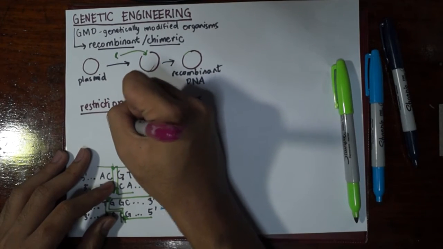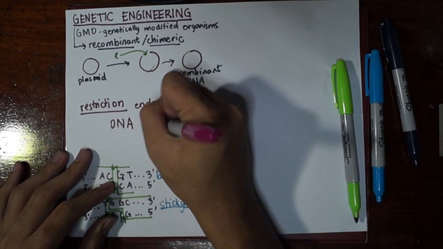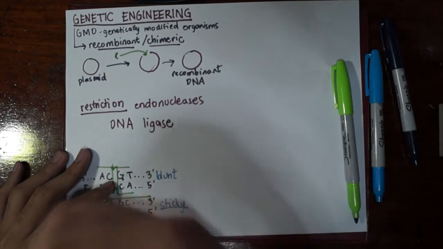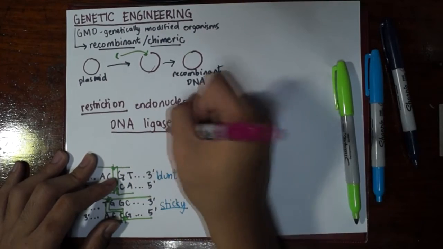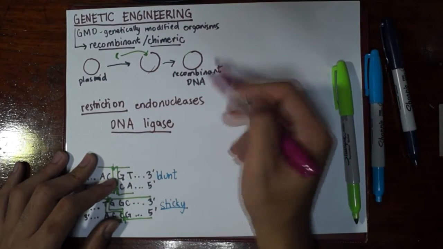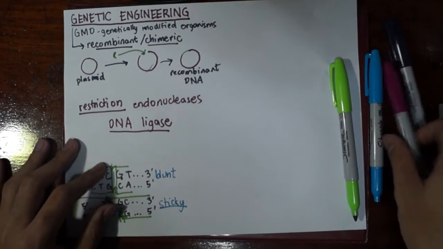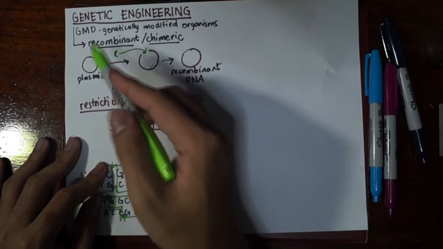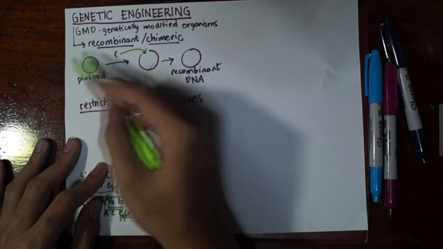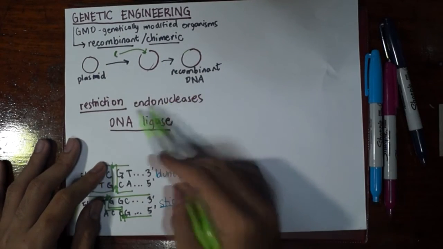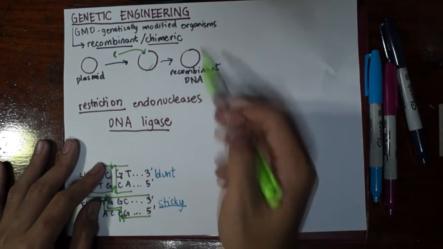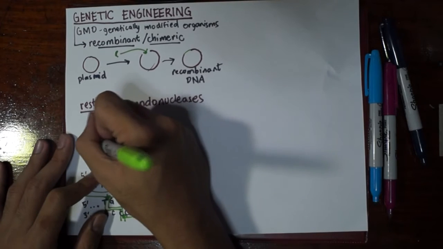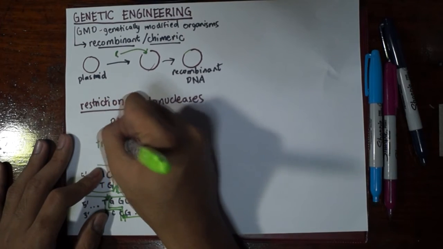Remember replication? Remember the last enzyme that seals off the last phosphodiester bond? That's the same enzyme that would target the closure of the recombinant DNA, and that's a DNA ligase. The process of opening it up with an endonuclease, inserting a new gene, and then finally sealing it off to form your chimeric DNA is known as transformation.